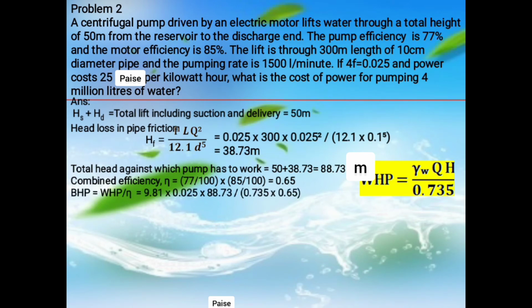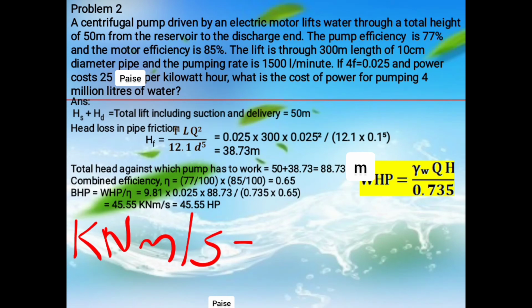Brake horsepower equal to water horsepower by efficiency eta, that is gamma W 9.81 kilonewton per meter cube, then into Q 0.025 into H 88.73 divided by 0.735 into eta, combined efficiency 0.65, that equal to 45.55 kilonewton meter per second, that equal to 45.55 horsepower HP, that is 1 horsepower equal to 735 watts or 0.735 kilowatt.